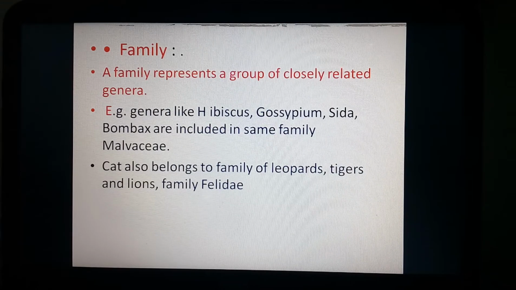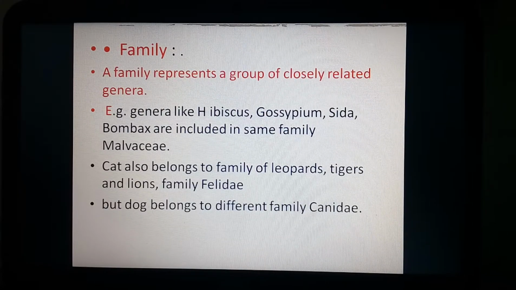Here one can take another example: cat also belongs to the same family as leopard, tiger and lion, and that family is Felidae. Leopard, tiger and lion belong to the same genus but have different species. But dog belongs to a different family, Canidae.